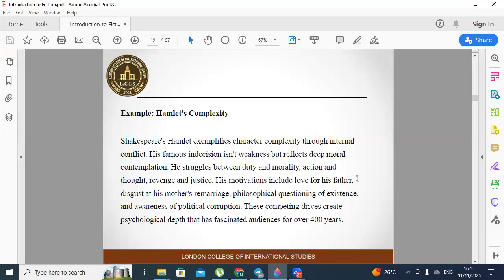He questions everything: the ghost's reliability, the morality of revenge, the nature of justice, the meaning of action versus contemplation. He struggles between competing imperatives: duty to his father versus moral reluctance or restraint, immediate action versus thoughtful deliberation.